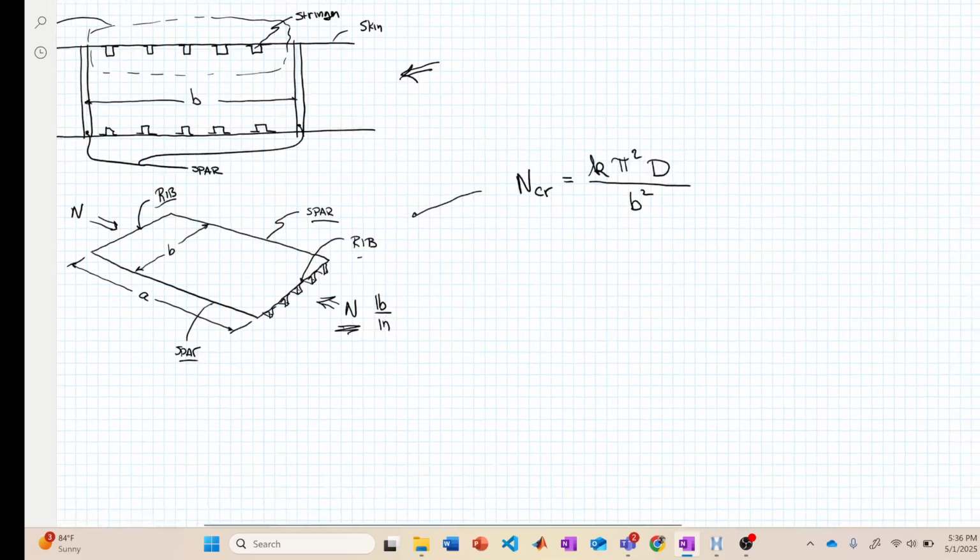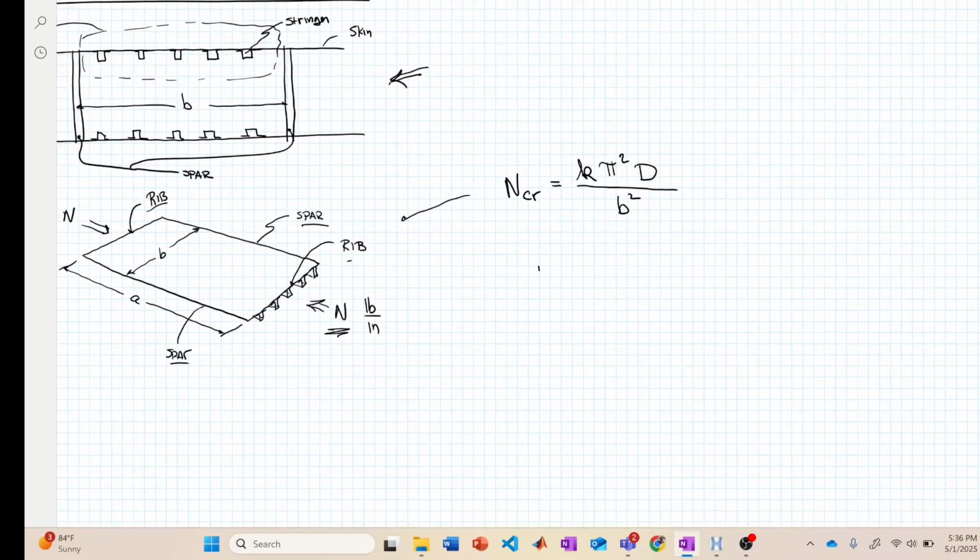So D is the plate stiffness factor. When you do plate theory, it's typically defined as E T cubed over 12 (1 minus nu squared).